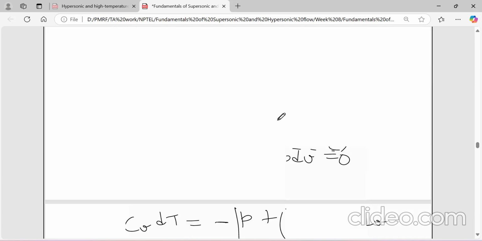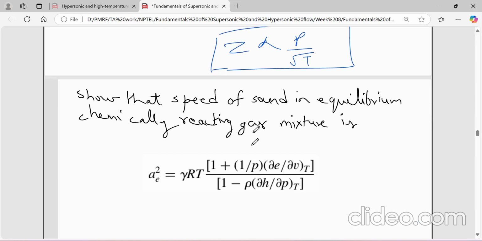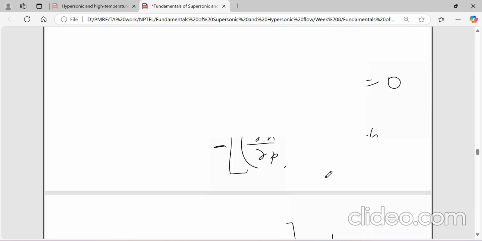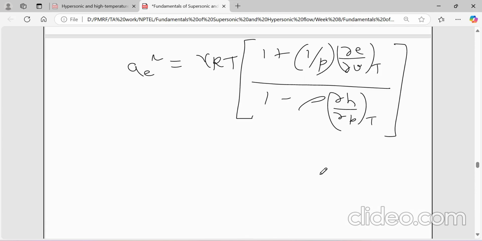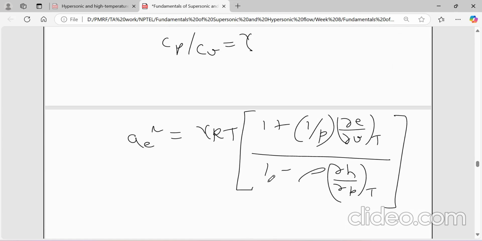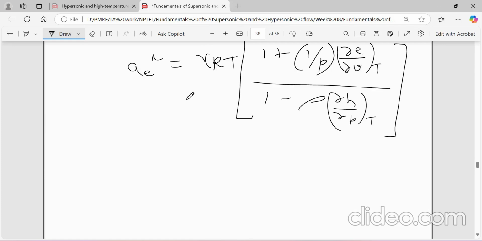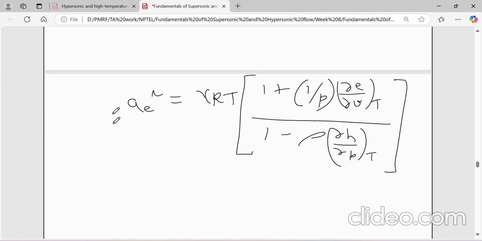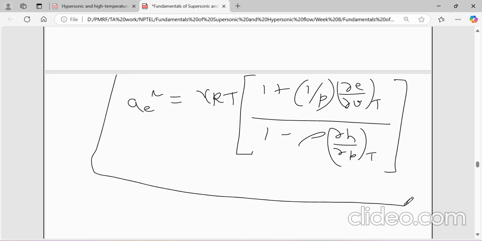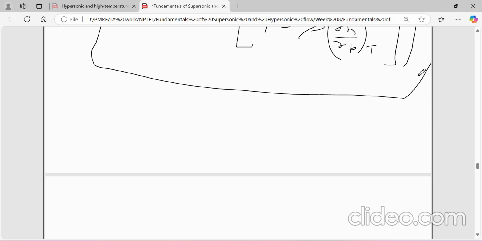This is the relation that we have to derive. So we got this relation. This is nothing but speed of sound in equilibrium flow.